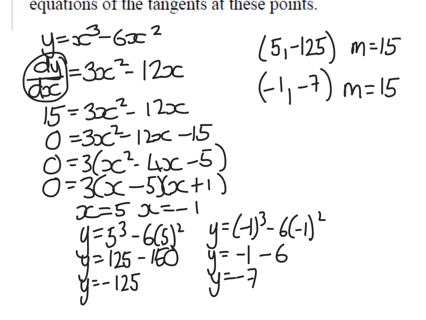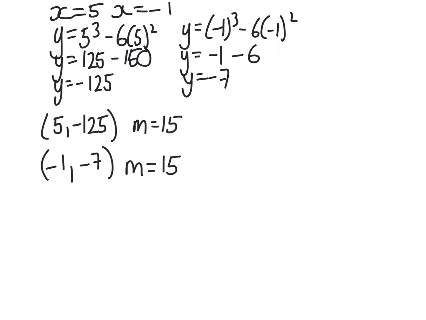So I have to go get the equations of two lines using each of those coordinates and each of those gradients. So let's do the first one. What I've done is I've just brought my information down here, and we're going to go get the equation of each of these. So for the first one, I would have y plus 125 equals 15 bracket x minus 5.